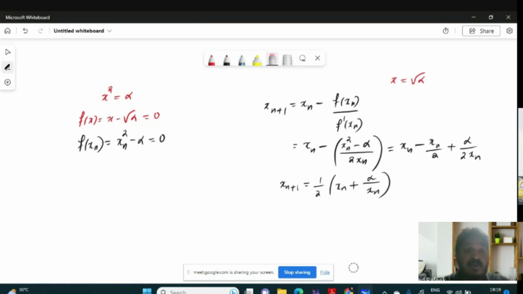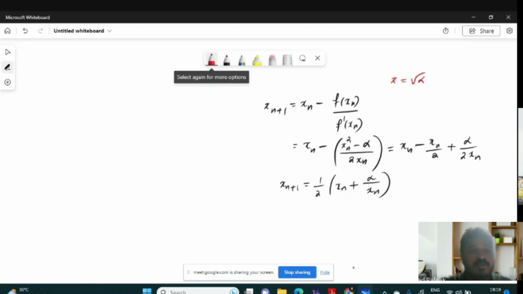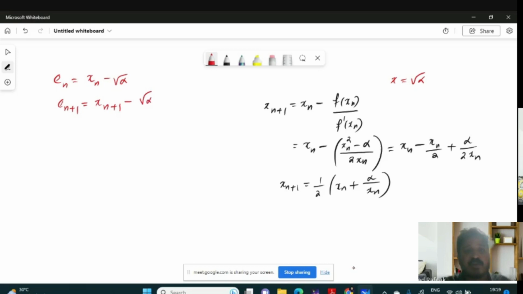And you know the formula for the error En. Error is nothing but xn minus the exact value, which is root alpha. So En is xn minus root alpha, and En plus 1 is equal to xn plus 1 minus root alpha. We need to find the formula for En plus 1.